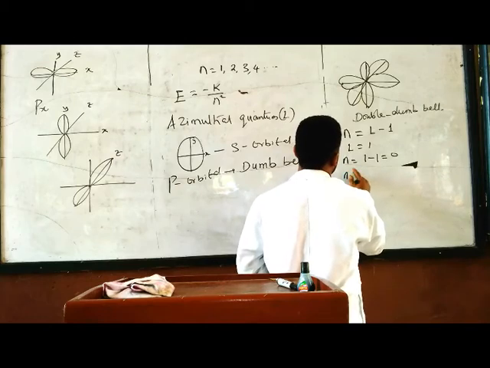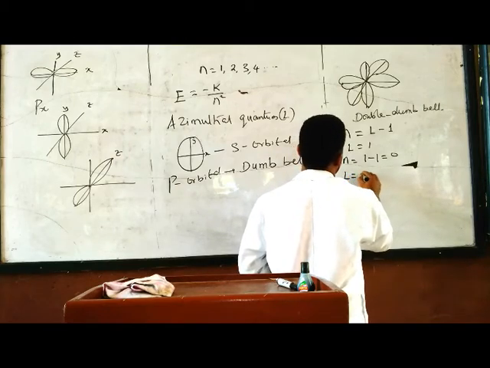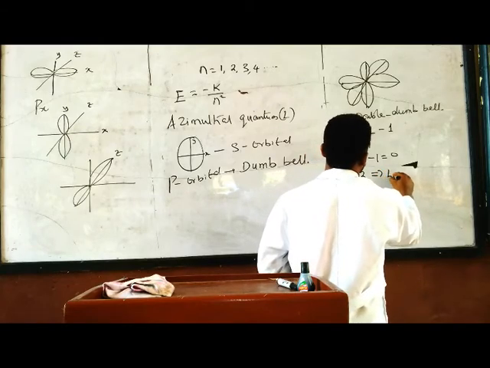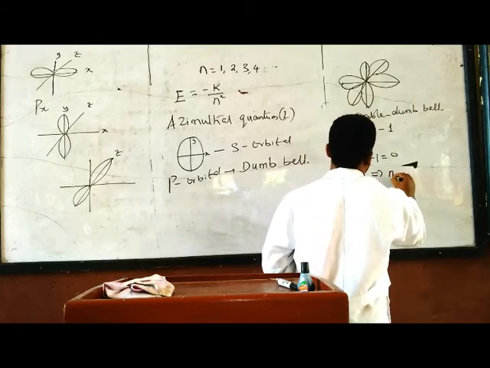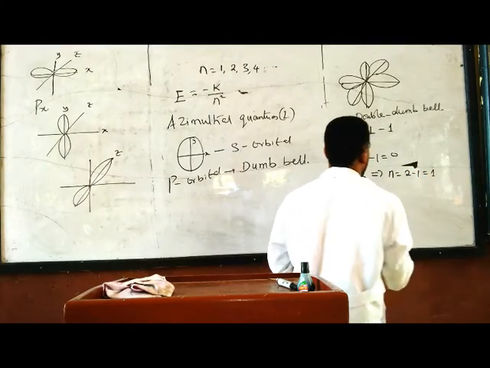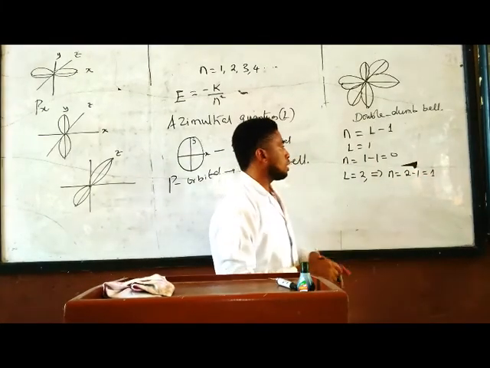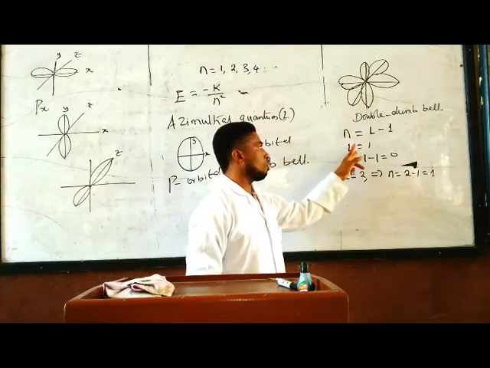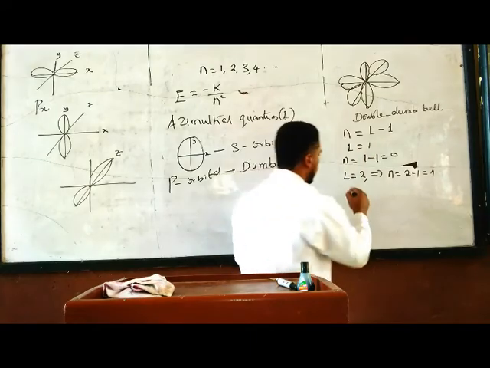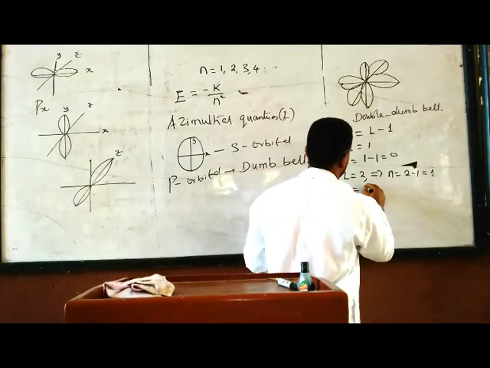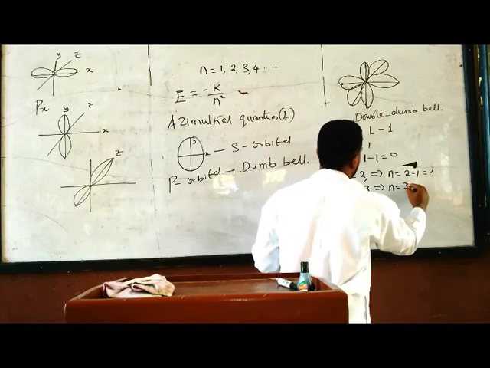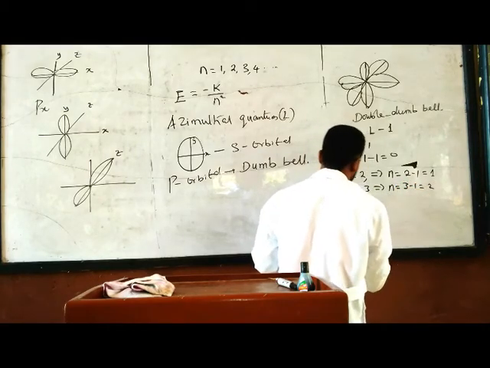When L is 2, N is 2 minus 1, which is 1. When L is 3, N is 2.